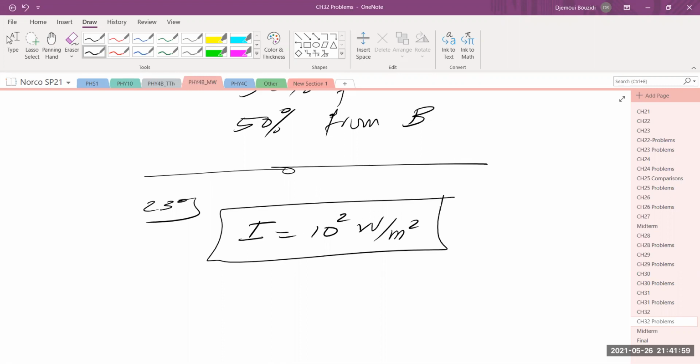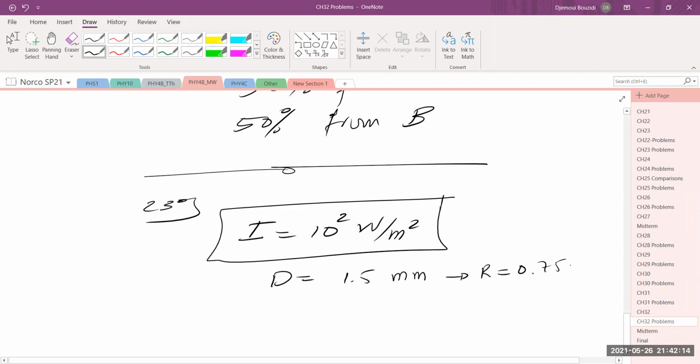About 1.5 millimeter in diameter. So D is equal to 1.5 millimeter. That means the radius R is 0.75 millimeters. So tiny. Okay. So how much power would be considered safe?